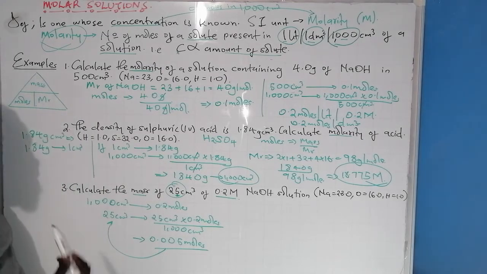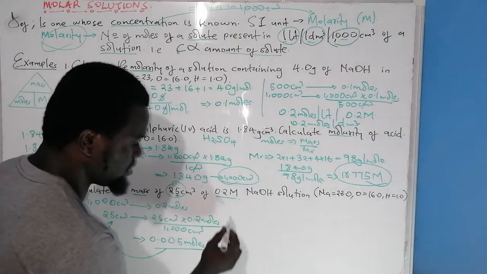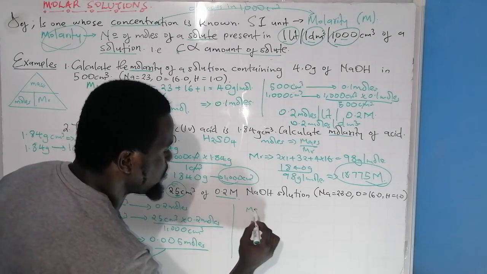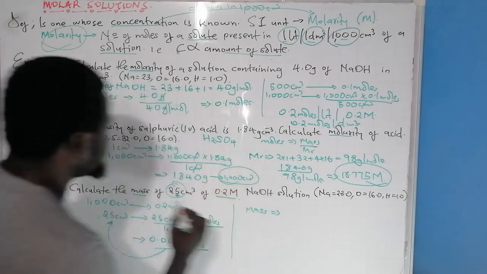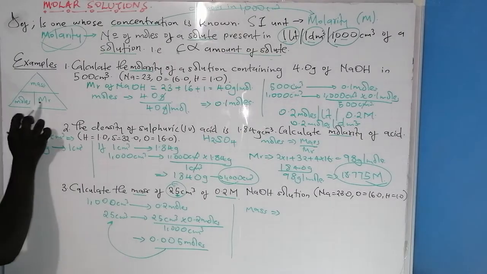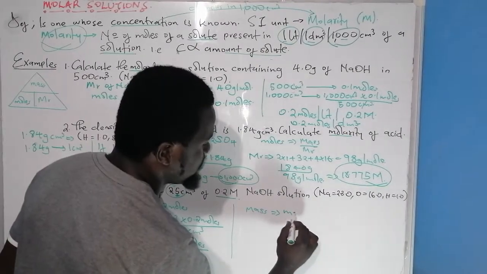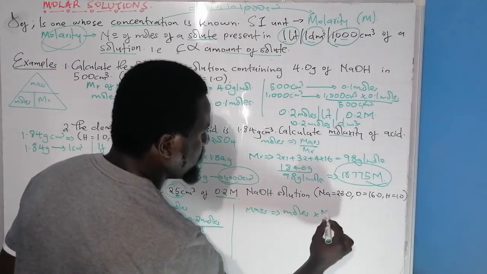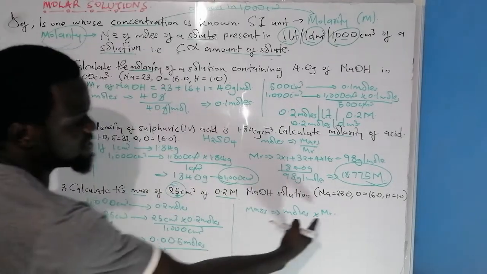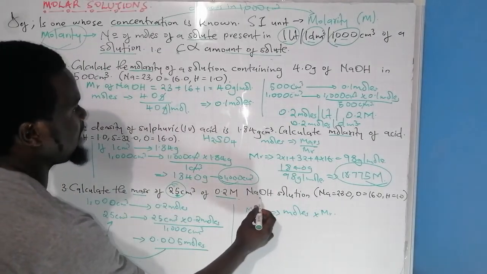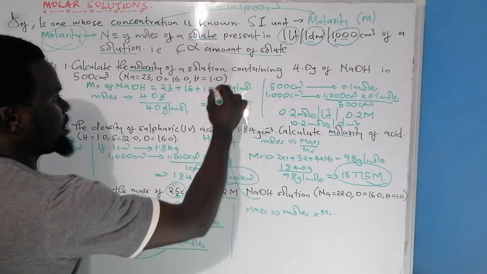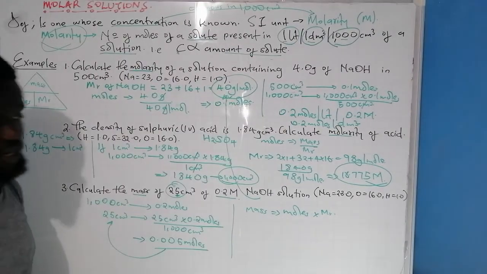From this triangle, how do I calculate the mass of anything? The mass of a solute is calculated from moles times the molar mass. Moles times molar mass. But what is the molar mass of sodium hydroxide? I calculated it somewhere, so I can use the same knowledge.